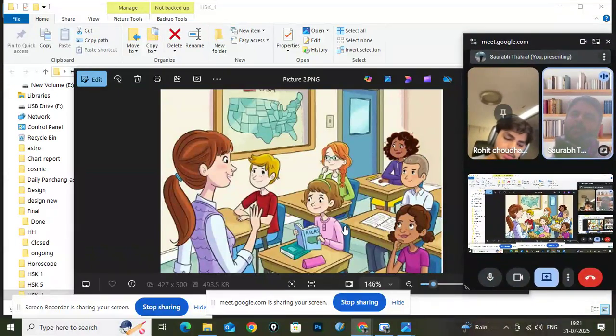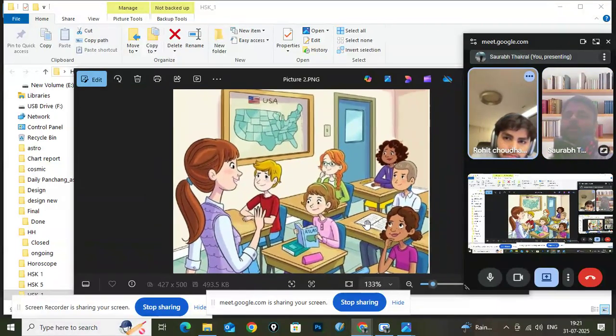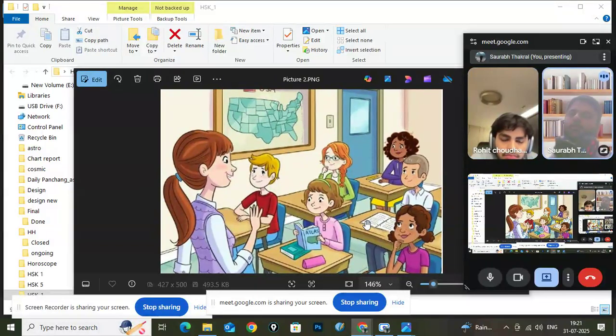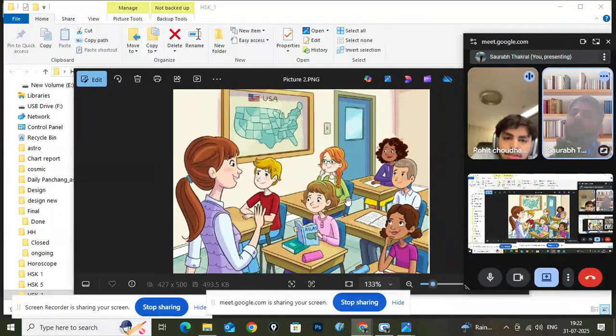First, think of simple sentences to describe this image for someone who is not looking at this picture. This is kind of complex. Think more simple sentences, very basic sentences. Starting from what is this? What is this? This is, yes, this is a school because we have not done the word for classroom so far.